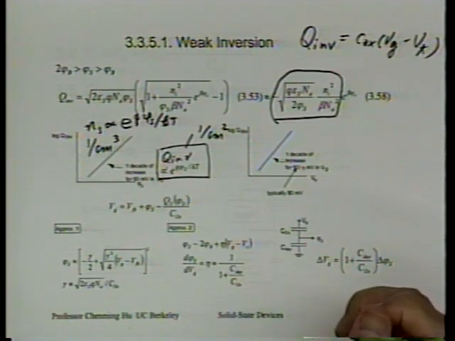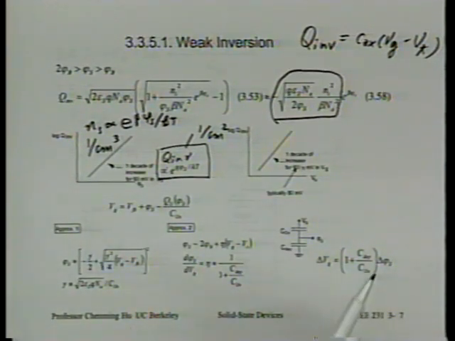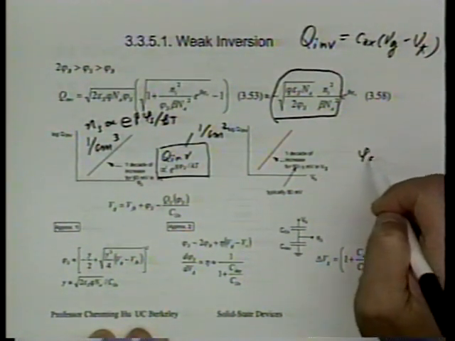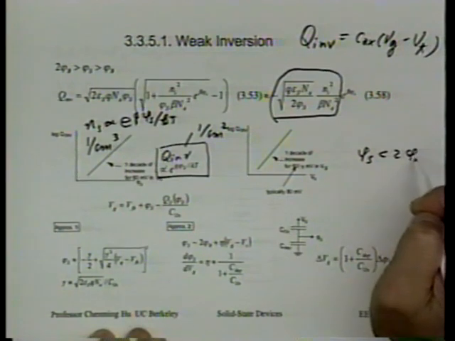Next, in this regime, we also have a simpler relationship between Vg and phi s. This is how we find a relationship between Vg and phi s in this regime. In this regime, phi s is less than 2 phi b.